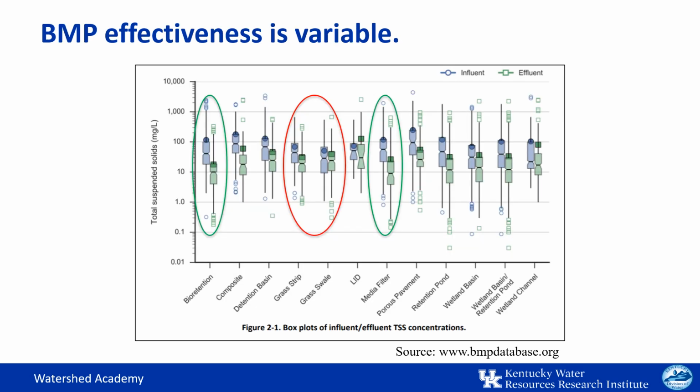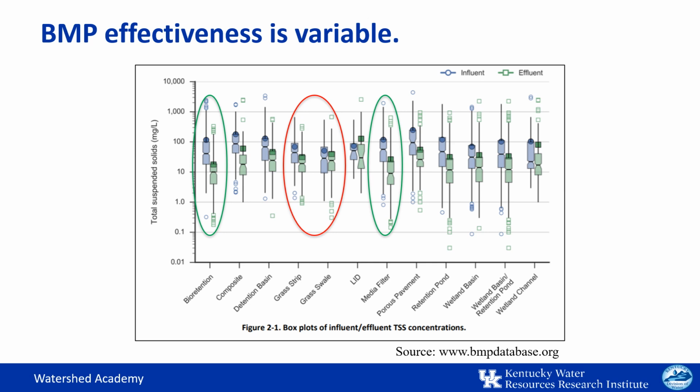This graph shows the comparative effectiveness of various stormwater BMPs in removing total suspended solids. The blue plots show the total suspended solid concentrations of the influent entering the BMP, and the green plots show the concentration in the effluent leaving the BMP.